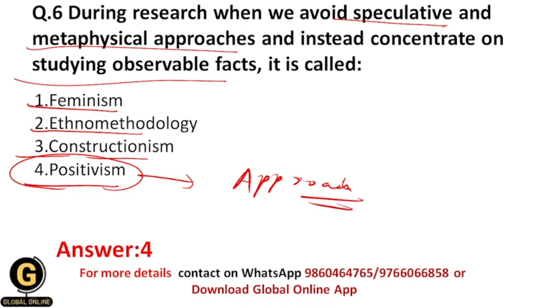And in positivism no one depends upon intuitive approaches, no one depends upon heard things. Basically our results are based upon proper evidence, or you can say, on studying proper observable facts.